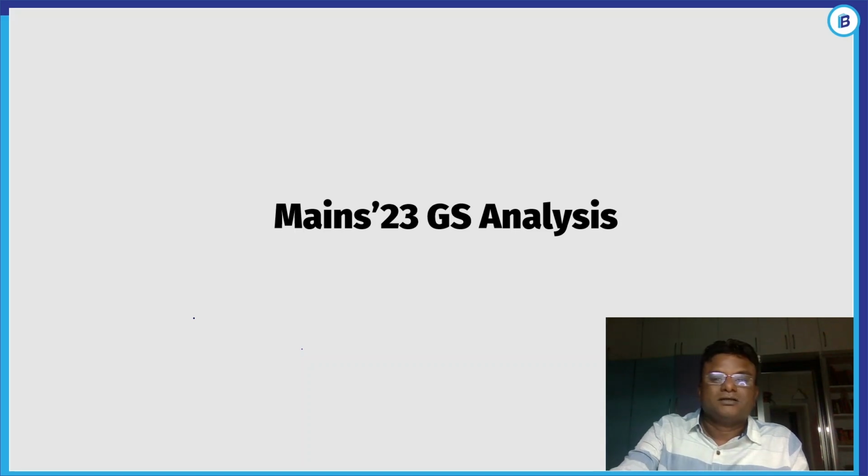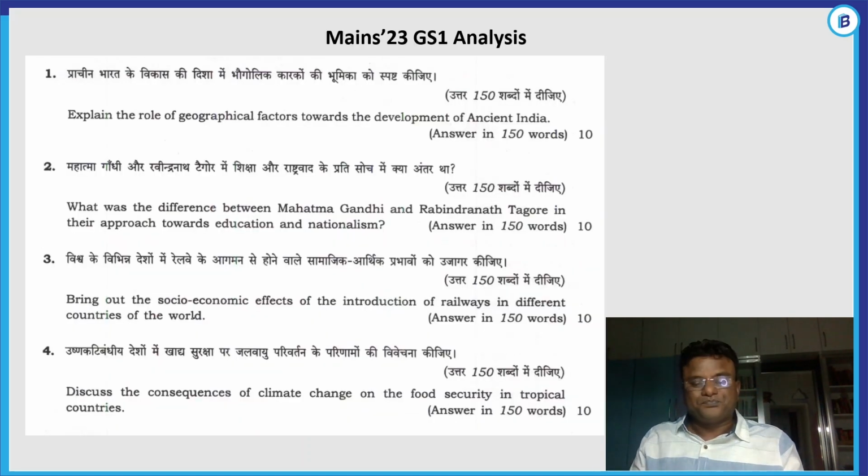So this is the GS1 paper for 2023 mains, and we will go question by question. We will not spend a lot of time on each question because the objective here is to understand what is really asked, and if such kind of questions are getting asked, what should be our focus for the preparation for the next year.